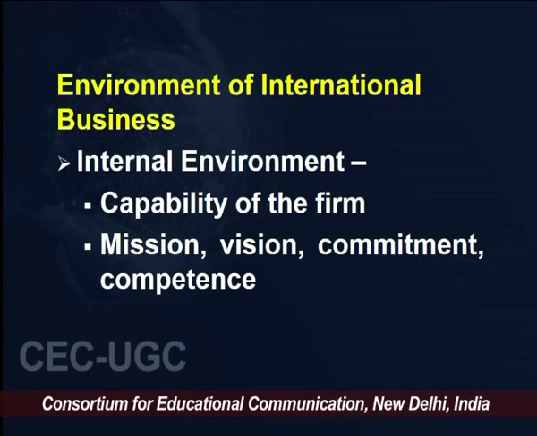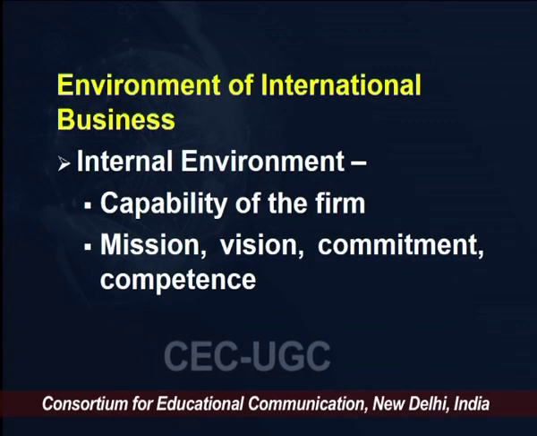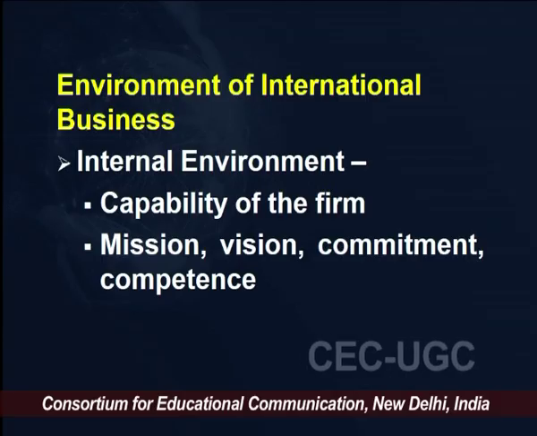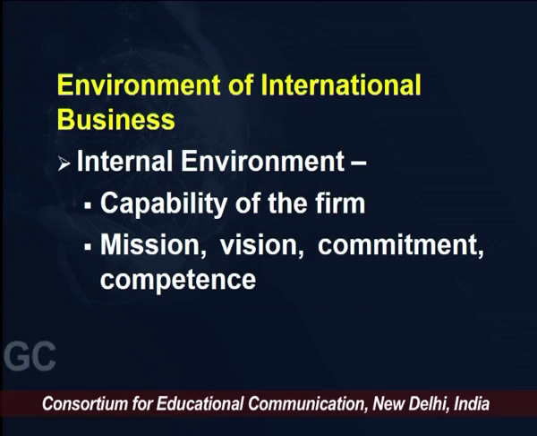The environment of an international business has 4 different types of environment to deal with. The first is internal environment, and that is the capability of the firm, its mission, vision, commitment, competence. This is the first stage or environment of the international firm. So, the organization should take care of this internal environment.